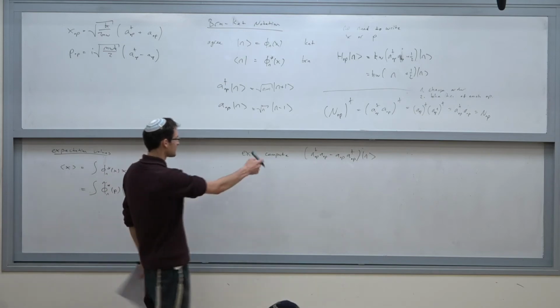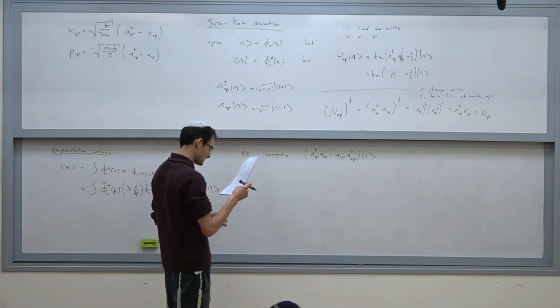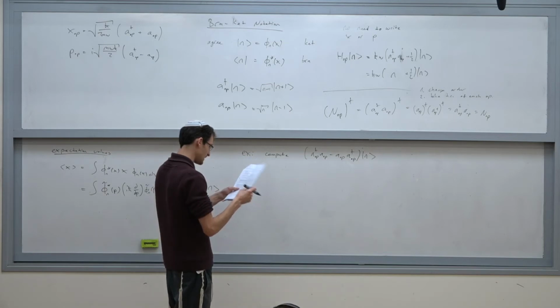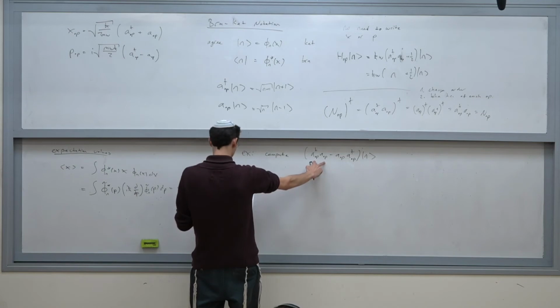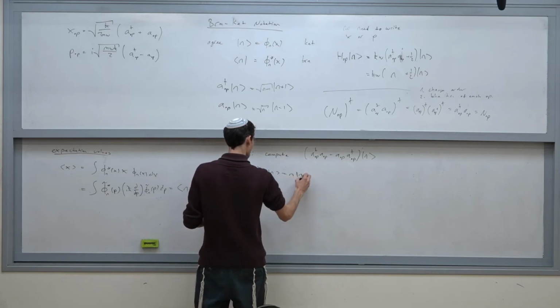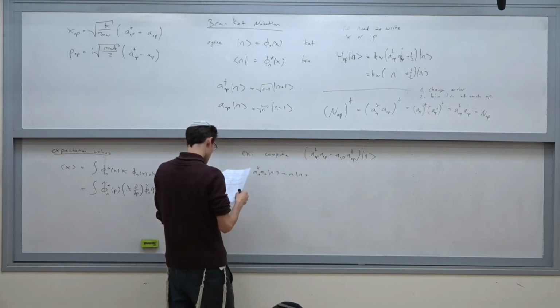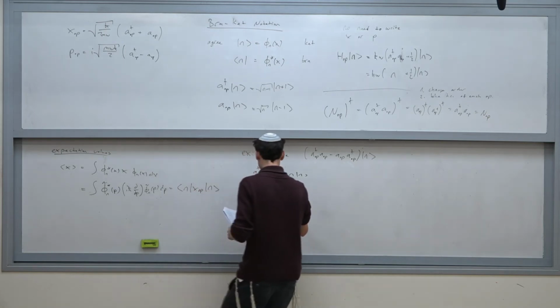Okay, let's get back to the example. So we want to compute this. It's quite simple. It was already pointed out that this is just a number operator. So this part is simple. Just gives the number. But the second part, we now have to act first with A dagger.